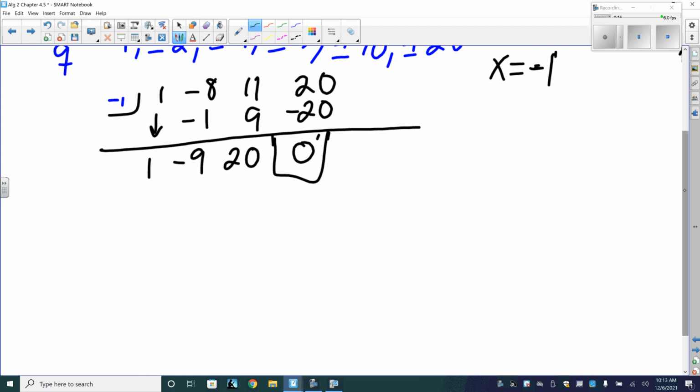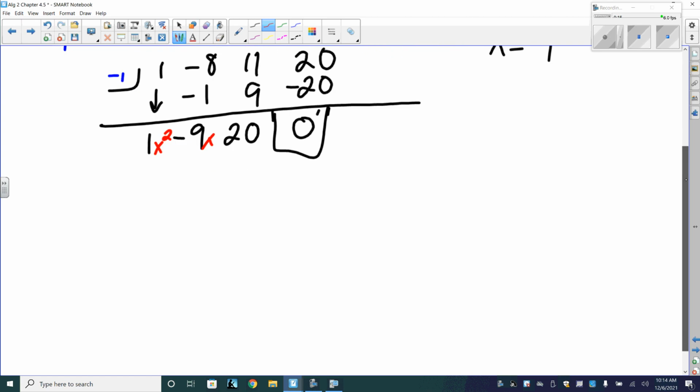Now we could try -1 again because, as we've seen before, can we have a solution repeat? Yes. But what degree are we at now? 2, yes. So we could also switch over to the quadratic formula because we can put back in our x and x squared and see if we can solve it from here. So we could solve it by factoring. We could see if it would graph.